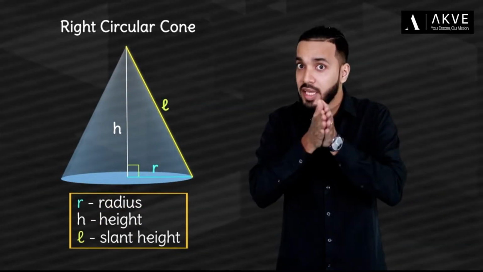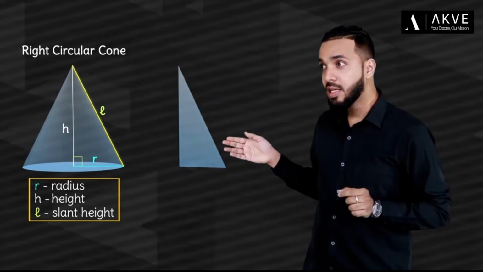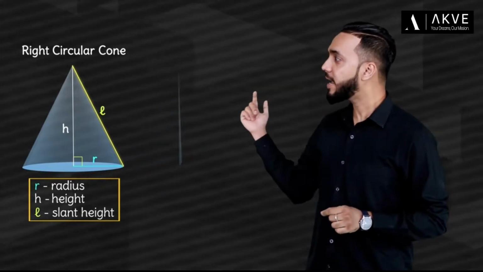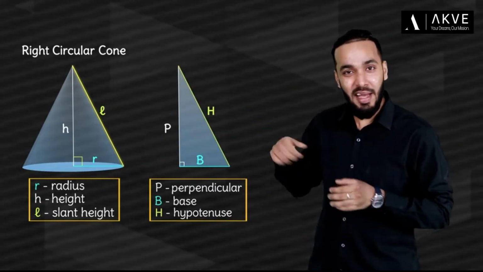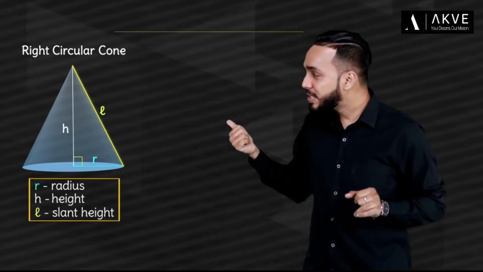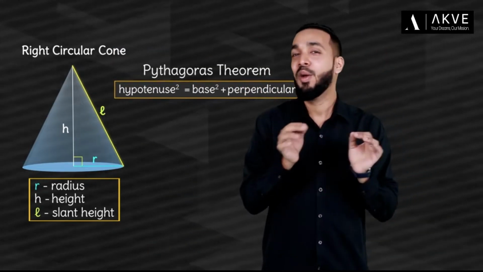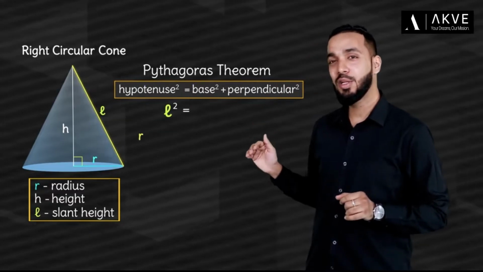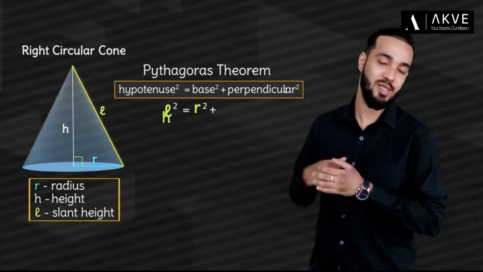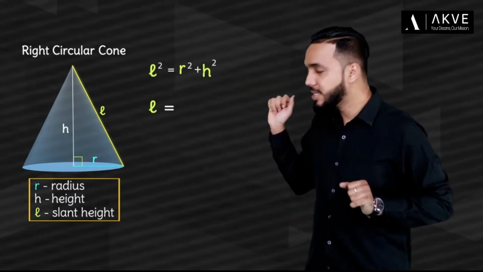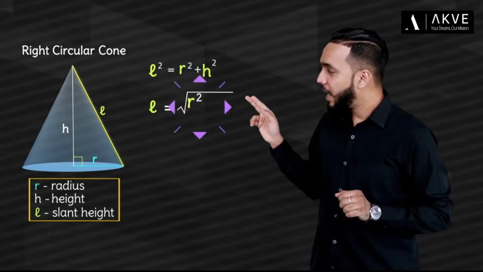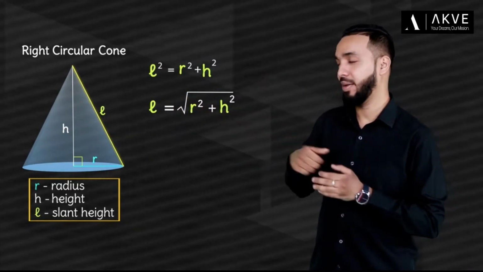Now, if you think about it, aren't these just the different sides of the right triangle we rotated? They really are, right? So, using Pythagoras theorem over here, we have l squared is equal to r squared plus h squared, or l is equal to root over r squared plus h squared.